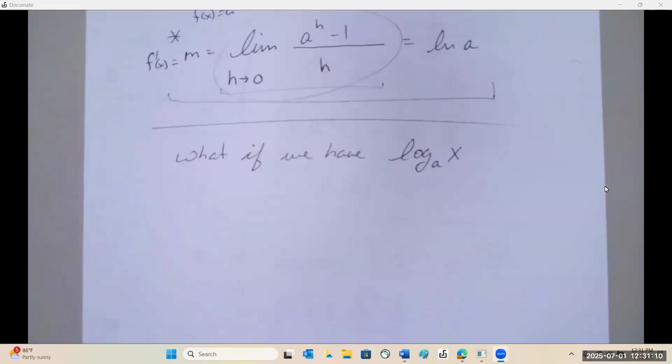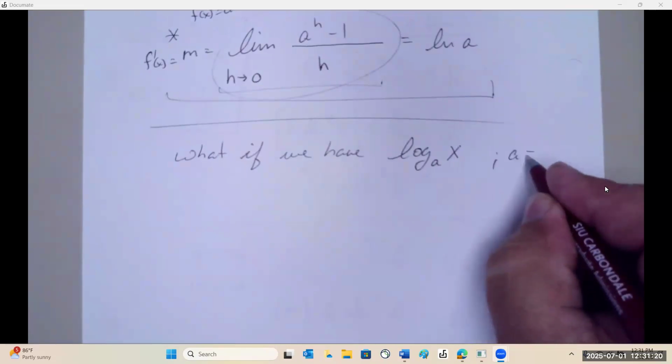What if we have a log base a instead of a natural log, where a does not equal e?